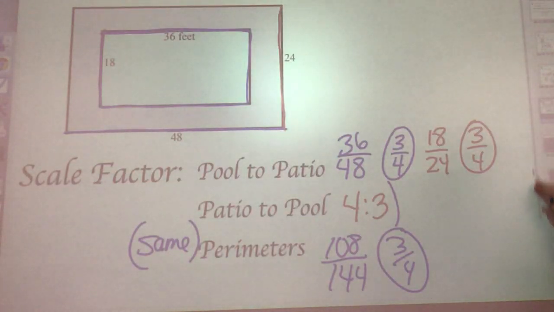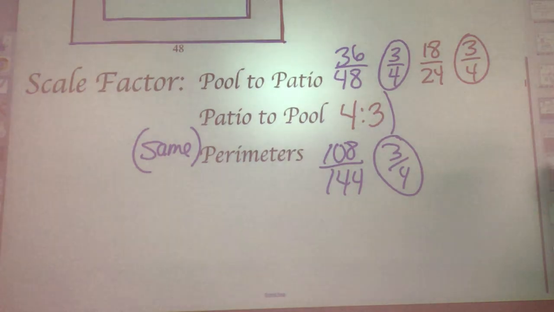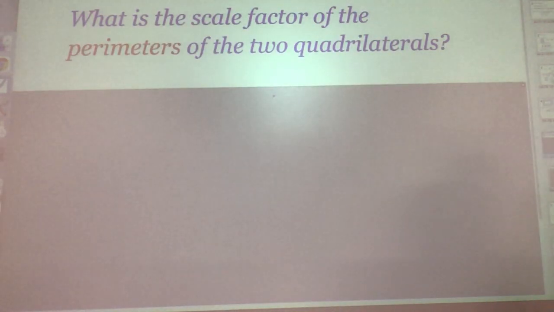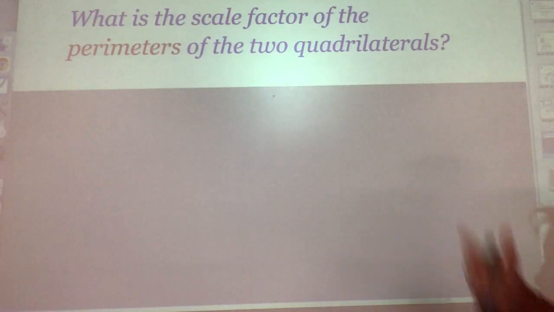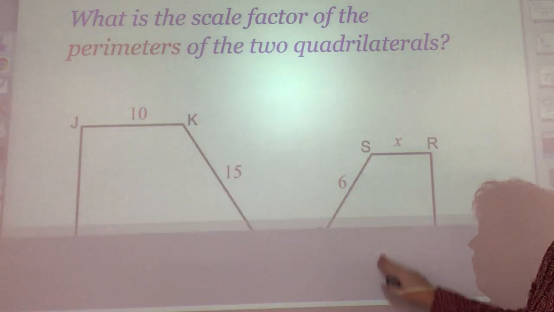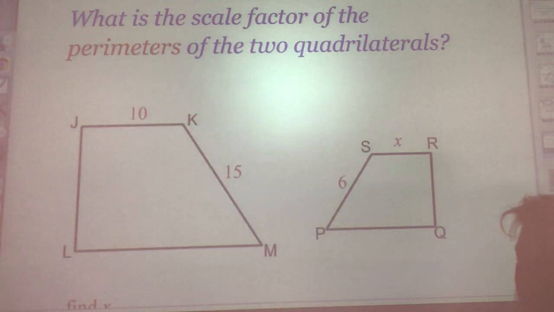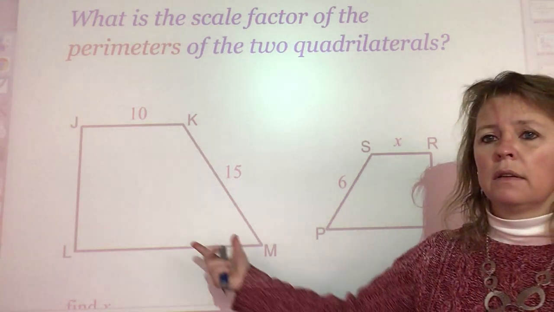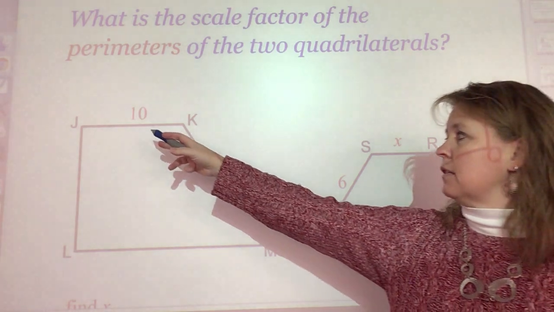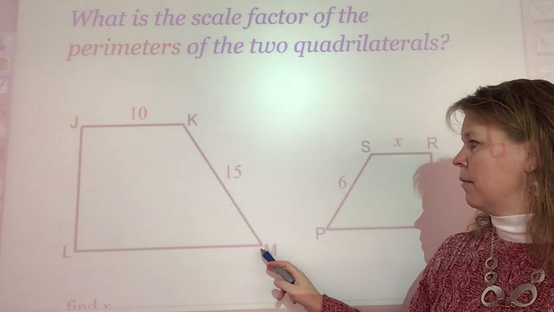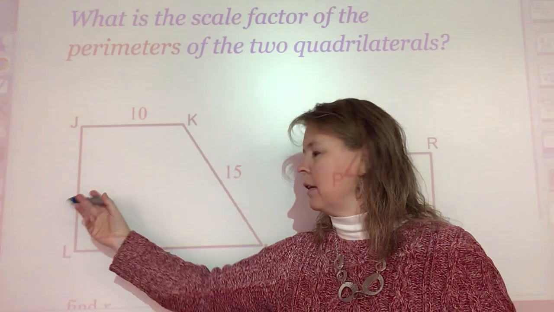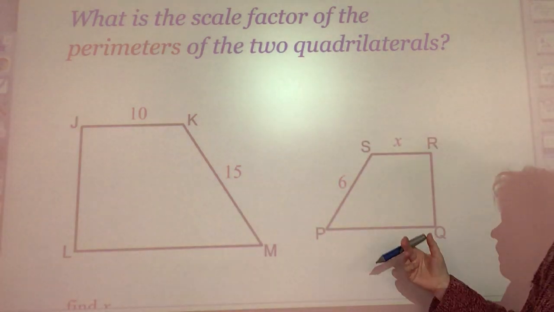Let's see, is that it on that page? Okay, next up, what is the scale factor? So they're asking us, what is the scale factor of the perimeters of these two quadrilaterals? And you're looking at these two quadrilaterals, we don't know what the perimeter of this is, because J to K to M, we can't guess how big these sides are, and we can't guess how big these sides are.